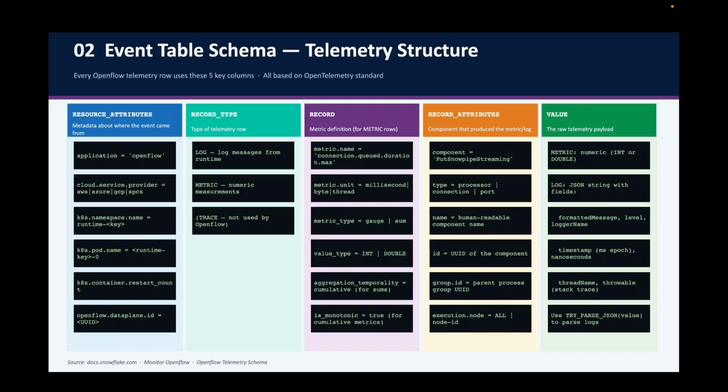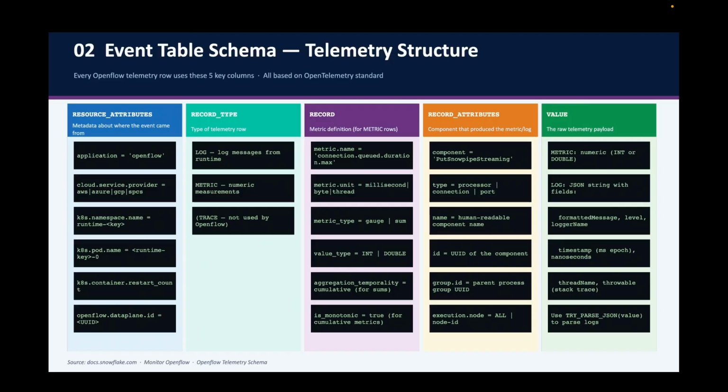In the record column, it will have the metric definition for all the metric rows. Let us see some examples. Here is metric.name. The metric name is connection queued duration max. We will have several metric names that we can use to filter. Metric unit is either millisecond, byte, or thread.